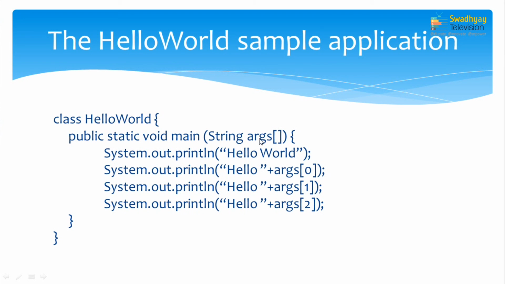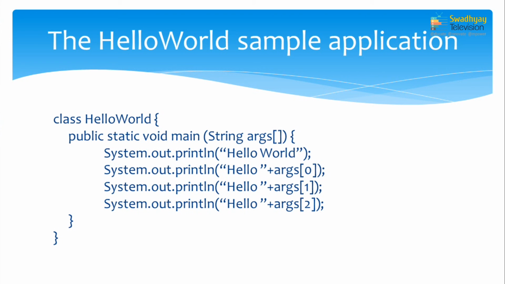from the command line. Inside this we write System.out.println. Now, System.out refers to your standard output device, that is the screen or monitor, and System.in specifies your standard input, that is the keyboard.